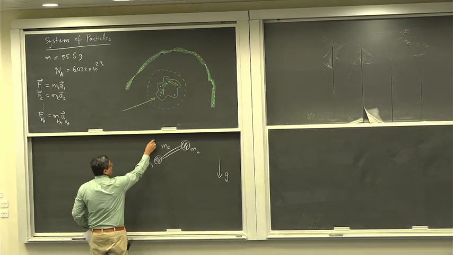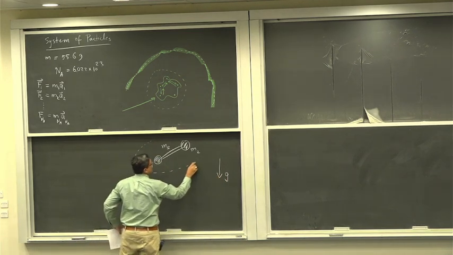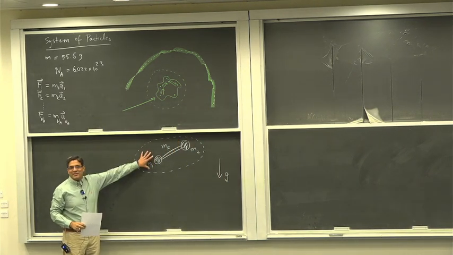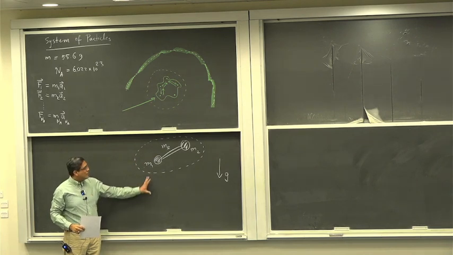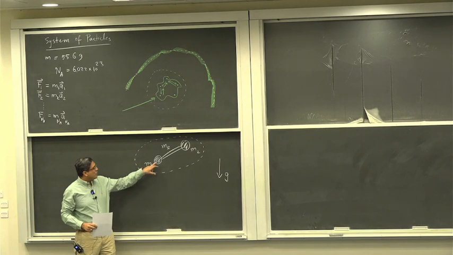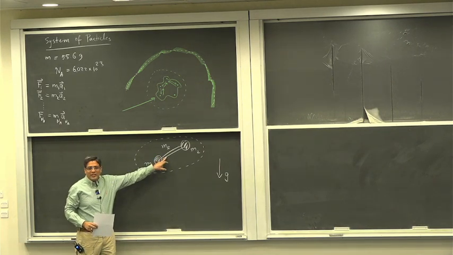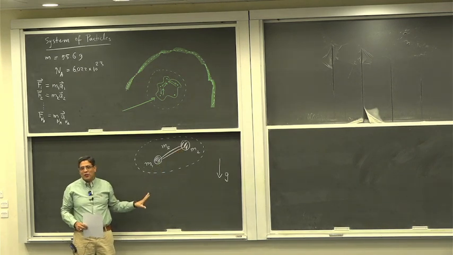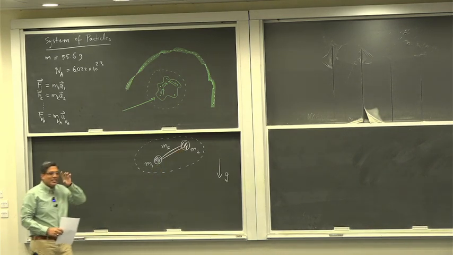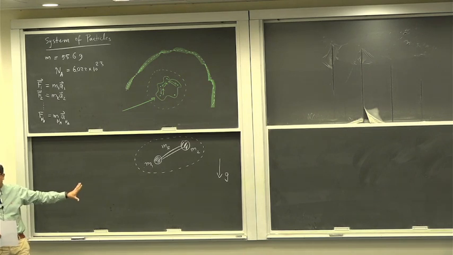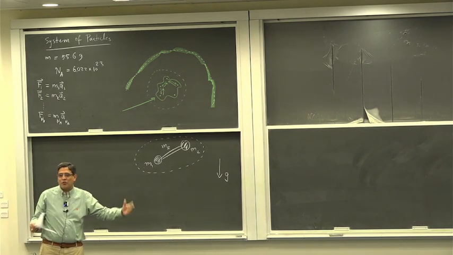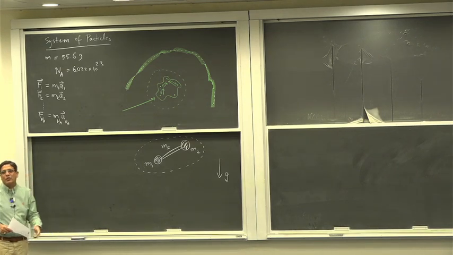And I'm drawing a circle around it to say that this is the system, and any force that comes into the system from outside is an external force, and forces between this particle and the rod are internal forces. The system is complex enough to make the point about system of particles, but is simple enough to understand because we have just 2 particles attached to each other through a rigid rod.